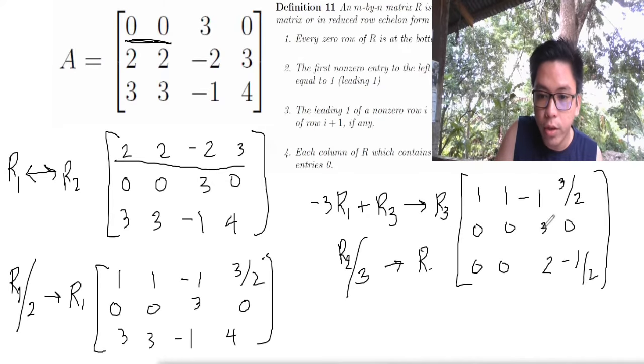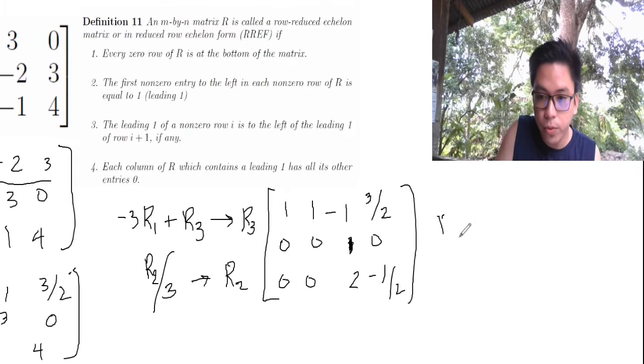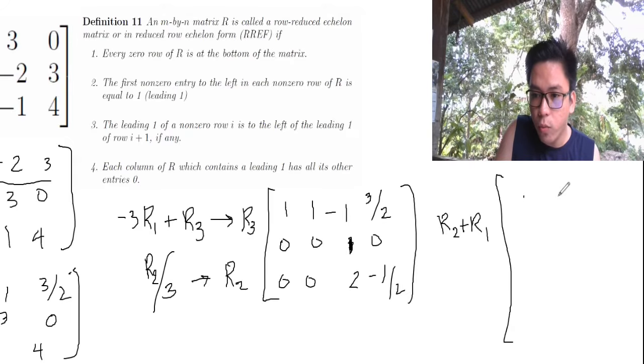This is the one already here. Then R2 will be added to R1, so I'd get 1, 1, 0, 3 over 2, and R2 will still be the same.